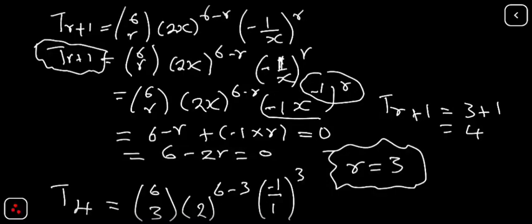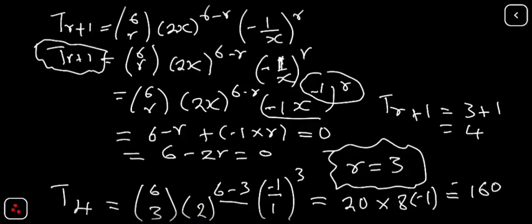Once you do your calculations, 6C3 is 20, multiplied by 2 raised to the power 3, which is 8, and negative 1 raised to the power 3 is negative 1. Multiplying, you get negative 160.